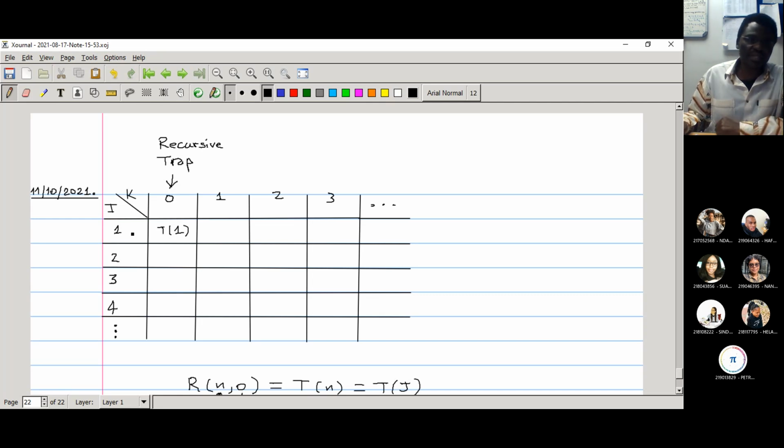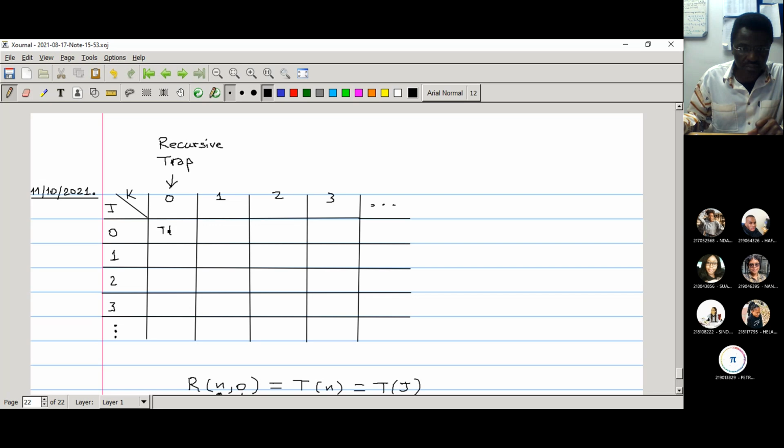So in other words, we can call it this T1. Oh, we could have even started from 0 instead of 1. We start from 0, sorry for that. So we start with 0 and then 1, 2, 3, and so forth.